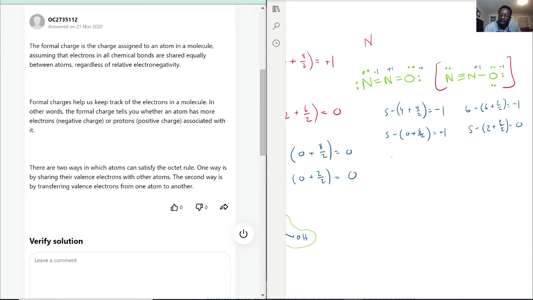A third possibility for this question would actually have been like this. Sorry, not like that. It still fills the octet rule for each, as you can see. But now we have a formal charge of minus 2 on this nitrogen, and plus 1 here, and plus 1 there.